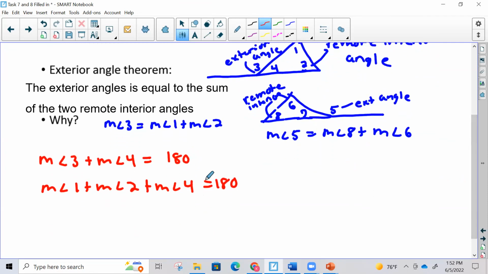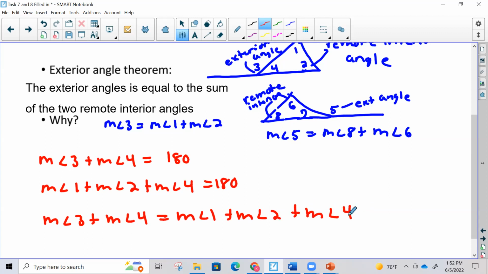And when I have two things equal to the same thing, I can set those two expressions equal to each other. It's called the transitive property, or substitution if you learned it in algebra. Because this expression equals 180 and this expression equals 180, these two expressions have to be equal.